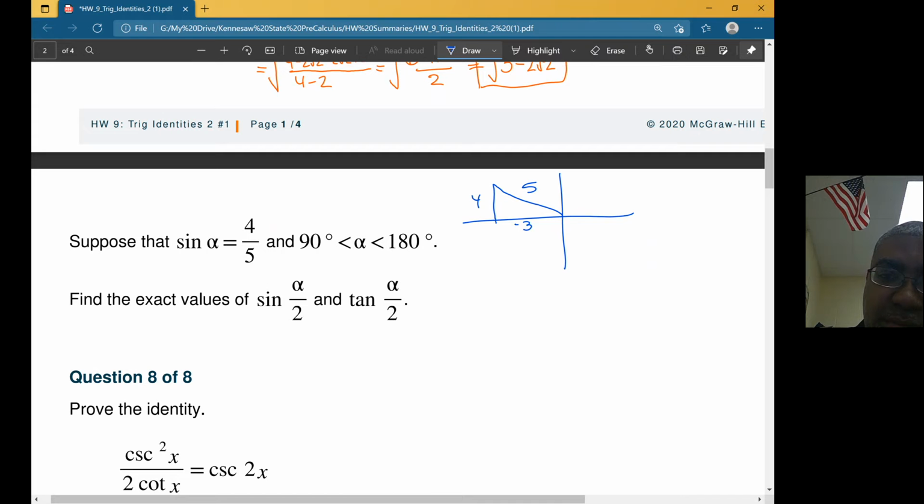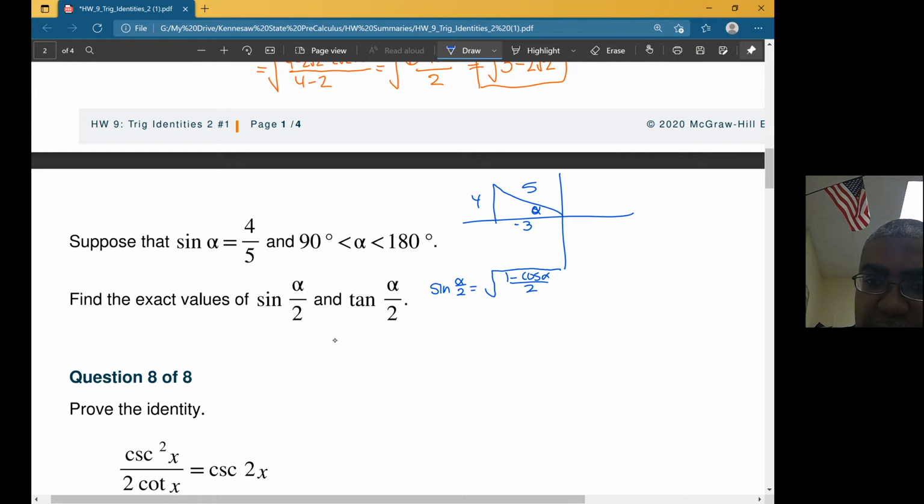So that's, we'll call it alpha. Same thing as theta. So sine of alpha over 2 is equal to square root of 1 minus cosine alpha over 2. Yeah, that's right.